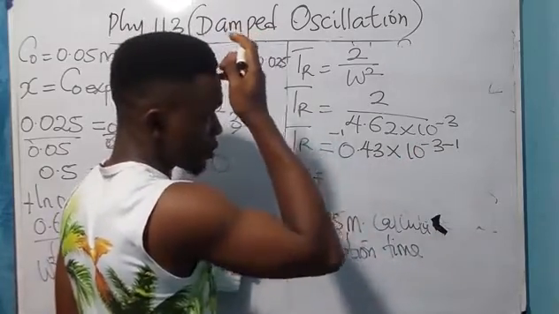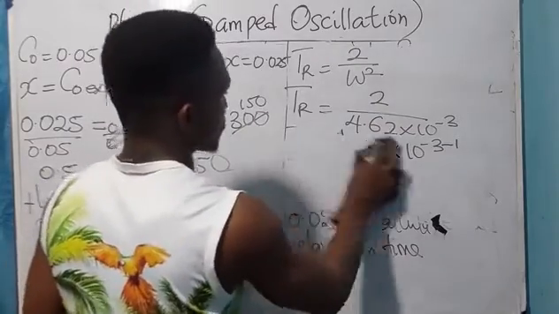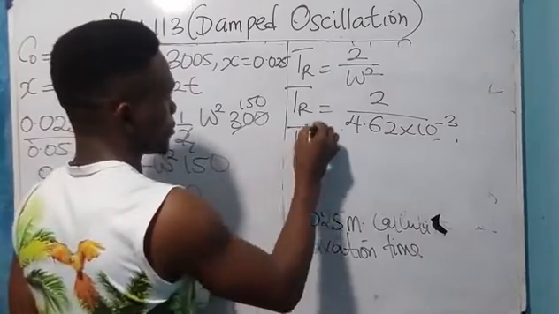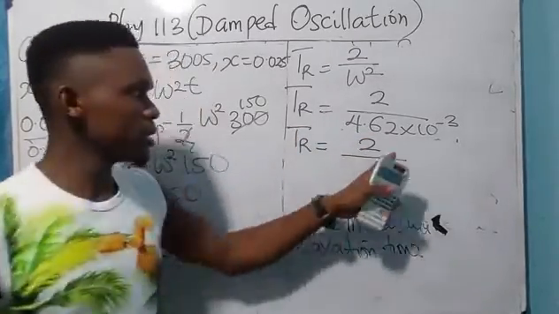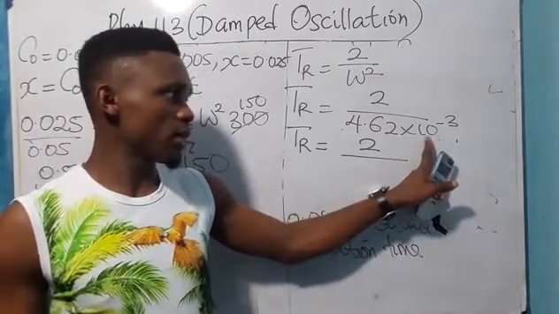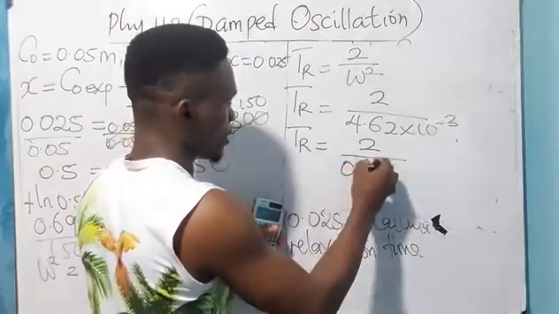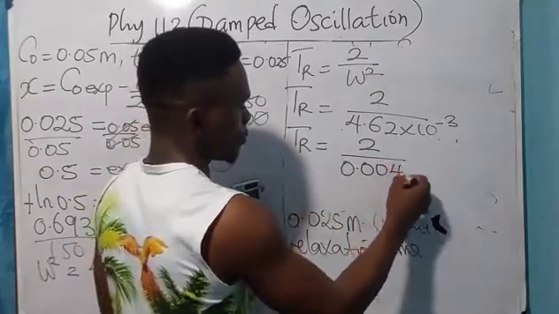Or let me simplify it for us. Now you have τ equals 2 over, 10 raised to the power minus 3 means 0.00462.